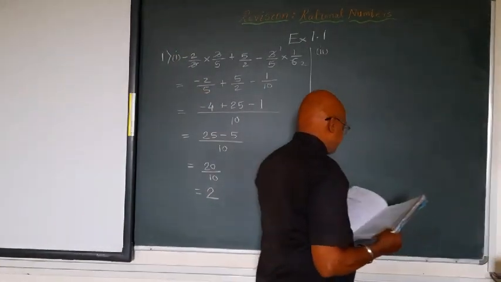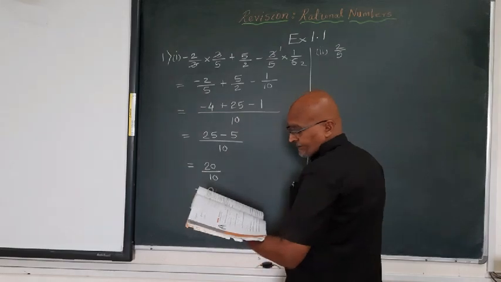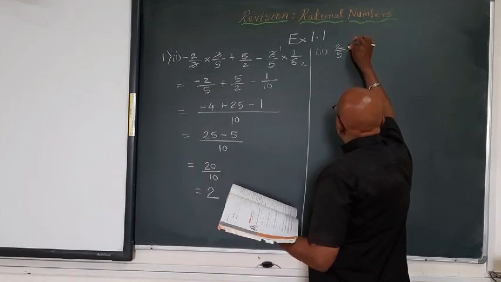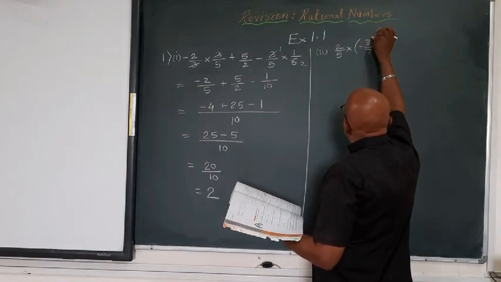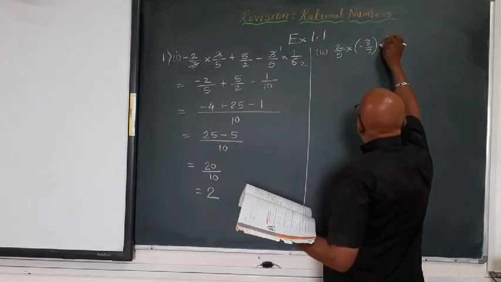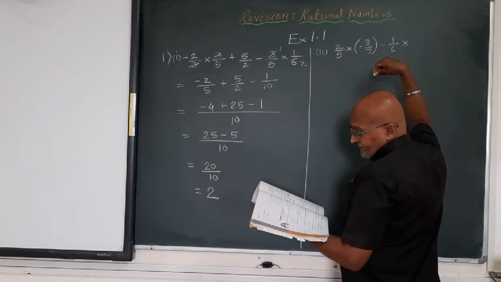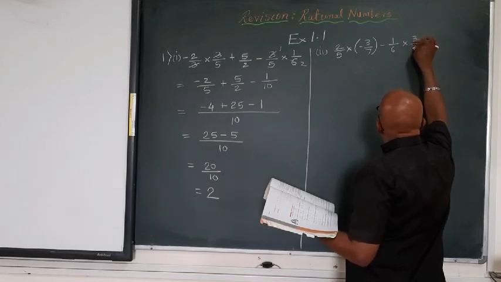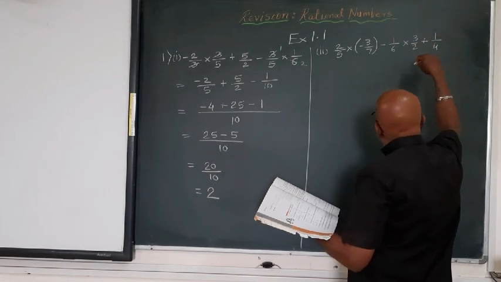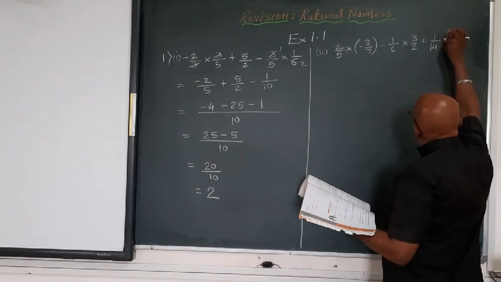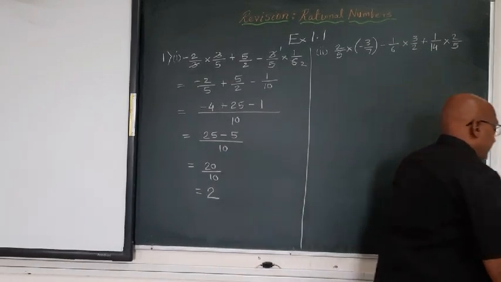The second one is 2 divided by 5 multiplied by, in bracket, -3 upon 7 bracket close, minus 1 upon 6 multiplied by 3 upon 2, plus 1 upon 14, sorry 14 it is, multiplied by 2 upon 5. So this is the given example.